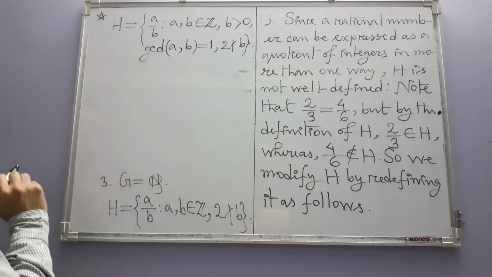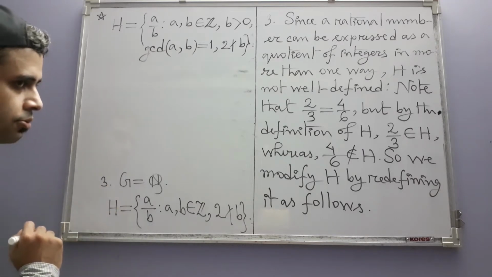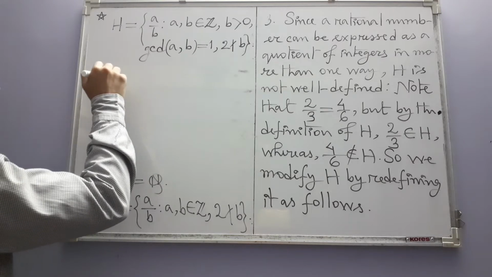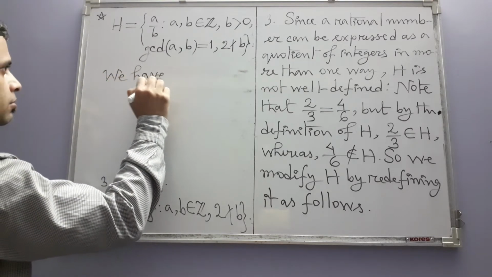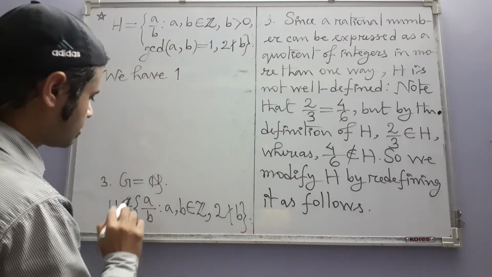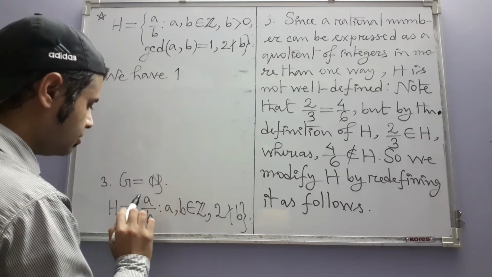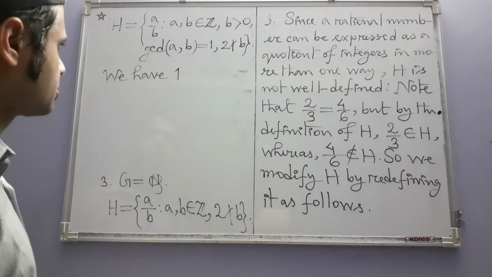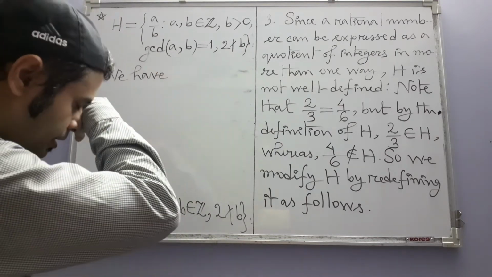Now we show that this new h is in fact a subgroup of Q, that is G. The first criterion is that the identity element in Q is in H, because it is not 1, sorry, I was thinking about multiplication.